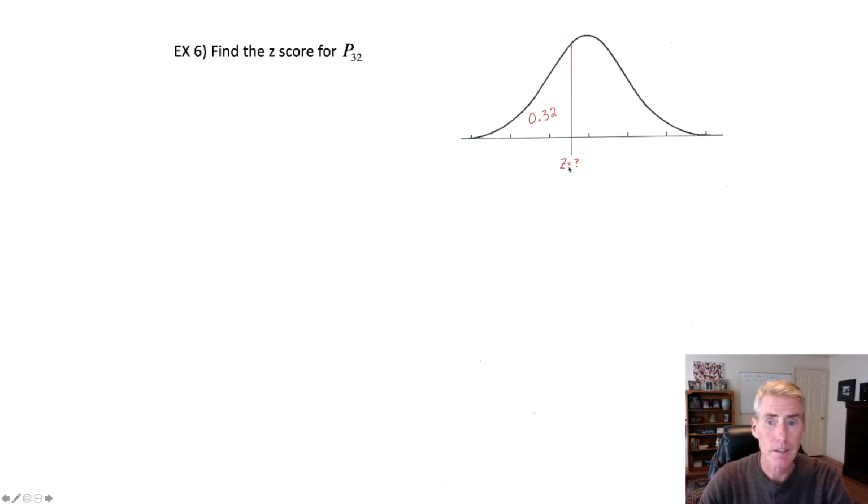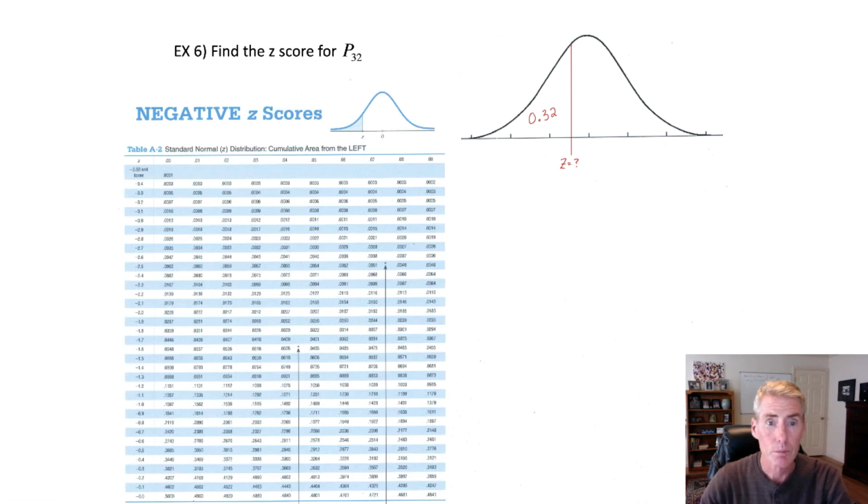So that means to the left, z is negative. So I should be using the negative z-score table. And this is the shaded part, so that's represented right here by this 0.32. And then you start searching through the table for the closest to 0.32.